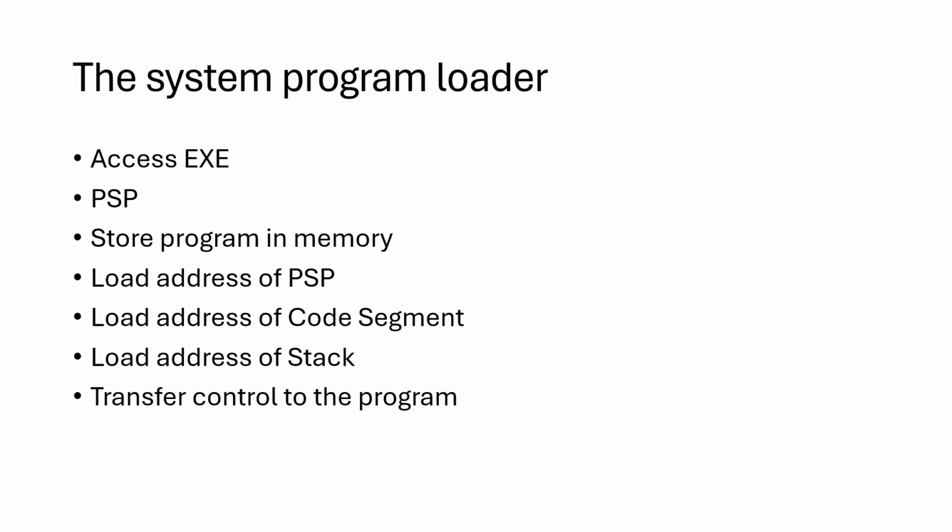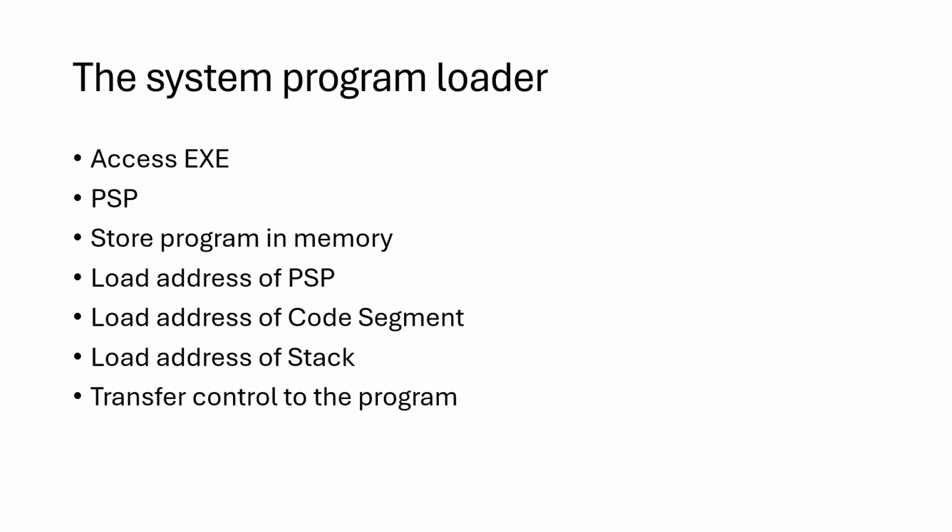So the first topic that we have is the system program loader. For this video we will be referencing the DOS programming, the DOS operating system, and in that operating system, the two types of executable programs are the COM and EXE.